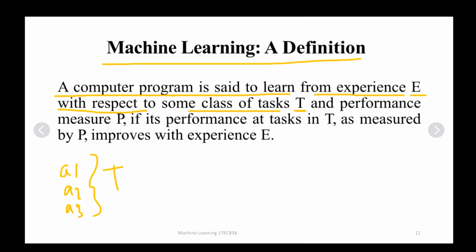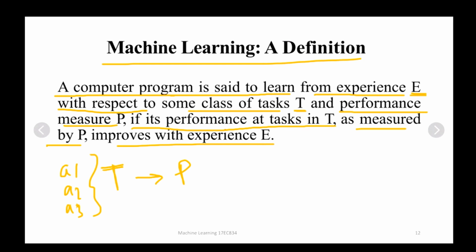And that particular task, if it is performing, and what is the experience it has gained by performing this amount of task, and performance measure P. After performing this task, what is the performance? If its performance at tasks in T, as measured by P, improves with experience E, it is said to be machine learning.